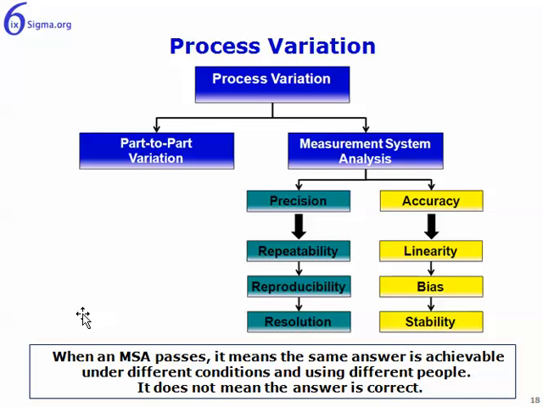So let's be clear that when we get an MSA to pass, and I might have mentioned in an earlier video that an MSA is considered a project within a project, because lots of times in your project you're going to find that even though we, the organization, or we, the leadership, have some notional knowledge or anecdotal knowledge that a process is broken or needs repair or the defect level is too high, it's not that common to have an accurate measurement system that's telling them that.